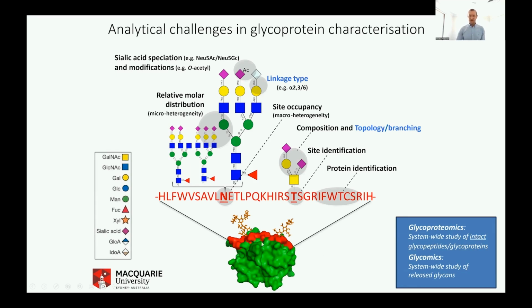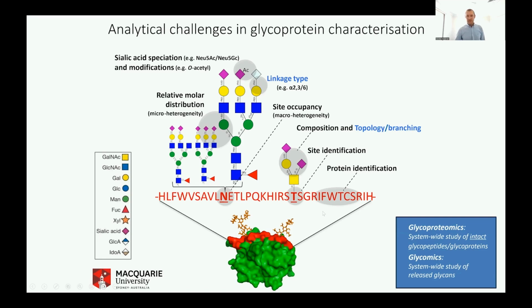We need to understand what the protein carriers of the glycosylation are, so we need to identify the protein, and we need to identify the site of glycosylation, both the O-linked site and the N-linked site. We need to understand the monosaccharide building blocks that form these N- and O-linked glycans. We need to understand how the building blocks are linked, so the topology and the linkage type. We need to understand how much of the glycosylation site is occupied, as well as the heterogeneity that can exist within a site.